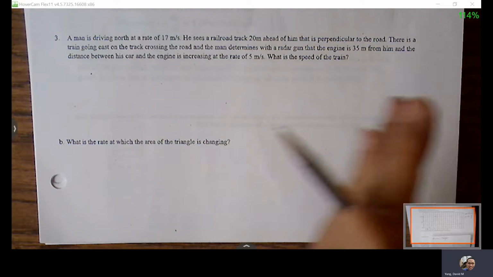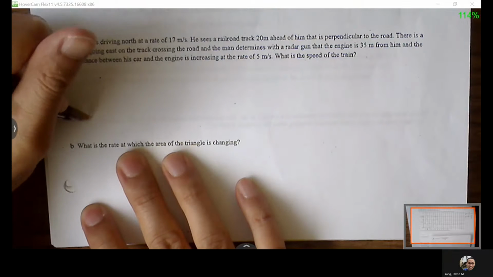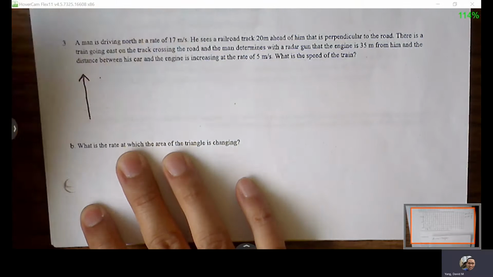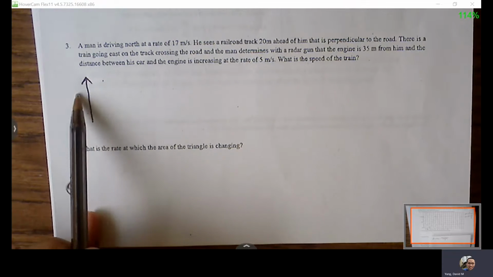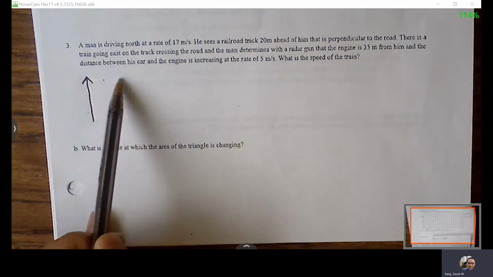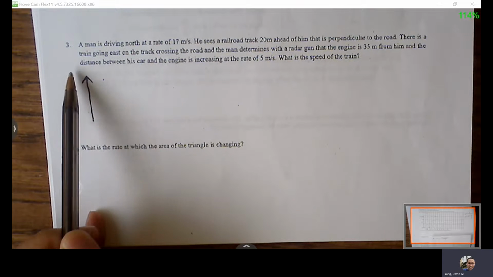A man is driving north at a rate of 17 meters per second. He sees a railroad track 20 meters ahead of him that's perpendicular to the road. There's a train going east.